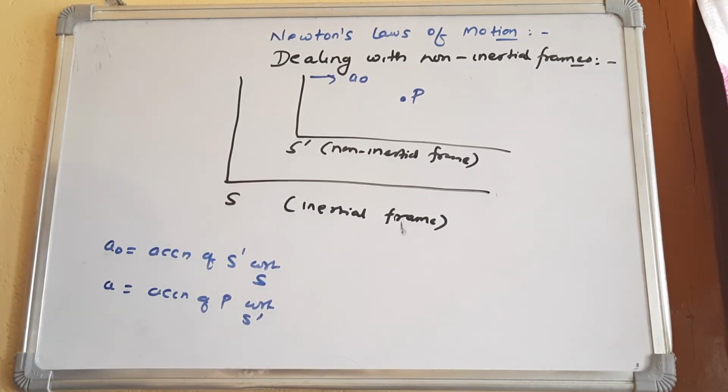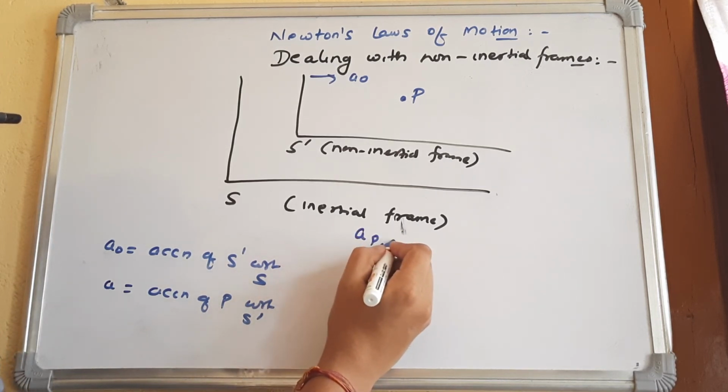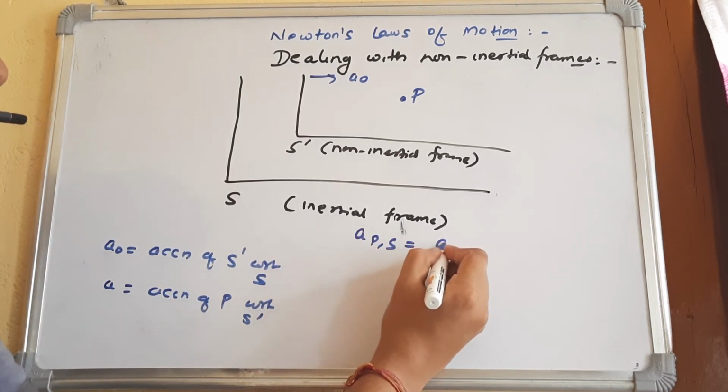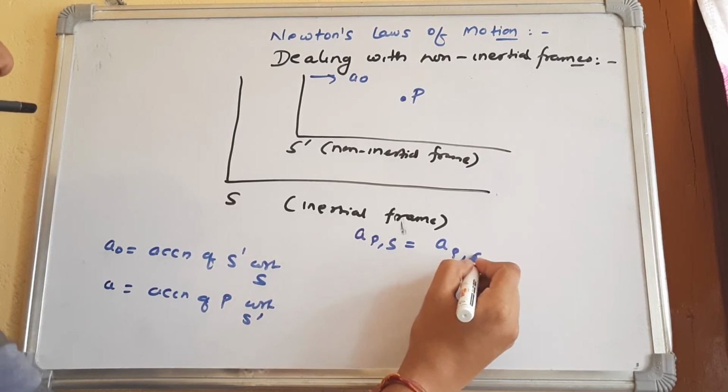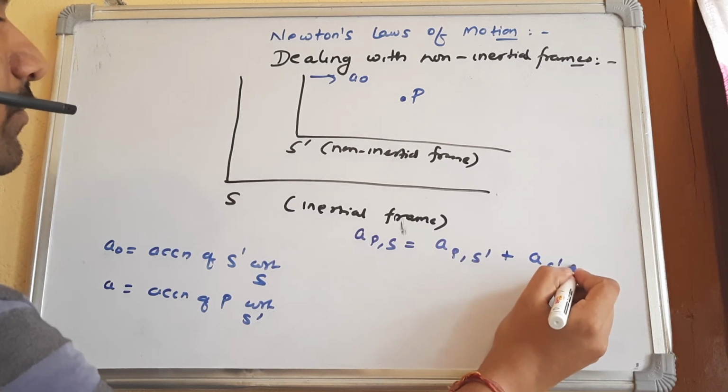Now, let's relate all these terms and understand how we can go from an inertial frame to a non-inertial frame and how we can deal with a non-inertial frame. So can I write it like this? The acceleration of P with respect to S is basically the acceleration of P with respect to S dash plus the acceleration of S dash with respect to S.